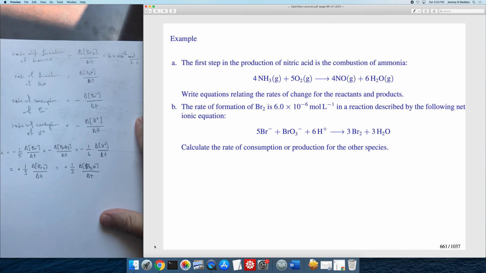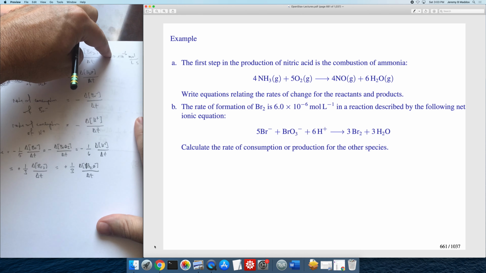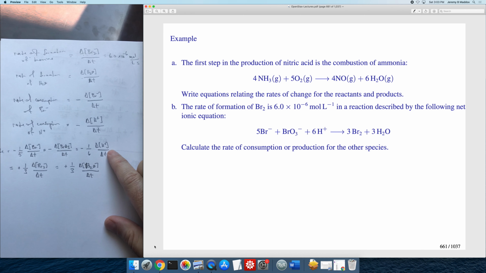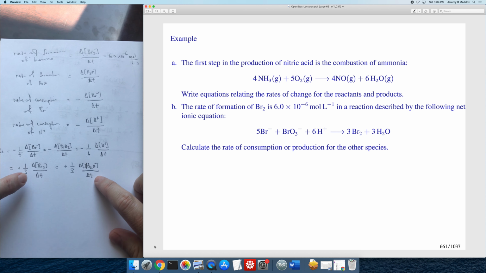over delta T. Now, essentially what they're asking us to do is to express each of these rates in terms of that number. Okay, so we know this number. How is the number for water related to the number for bromine? Well, take a look at this expression here. This term equates to that term.